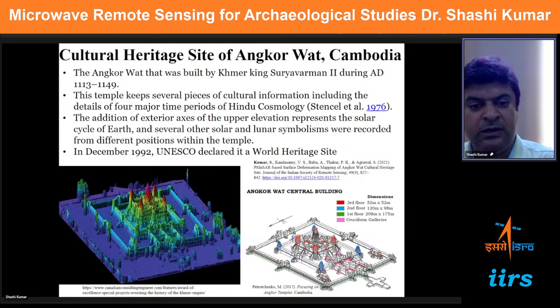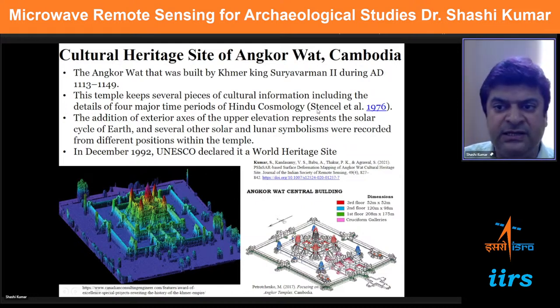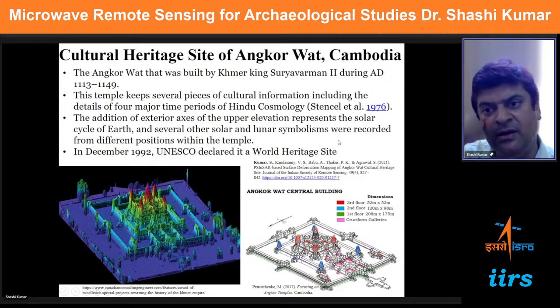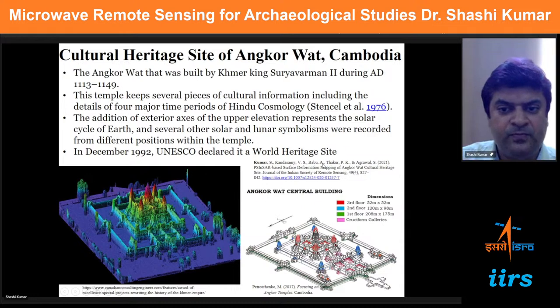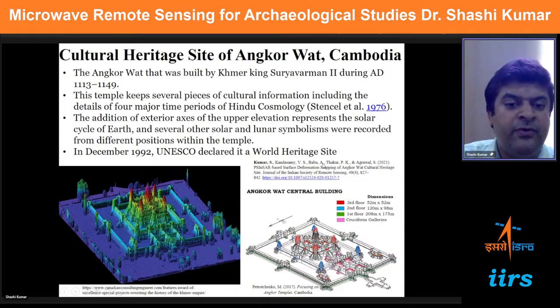So, if you see Dr. Stencil in his article of 1976, and some information you can get in my article also, I took the information from there. For the different distances, they have measured that this much distance represents this many years of the Dwapara Yuga, this much distance represents this many years of the Treta Yuga.